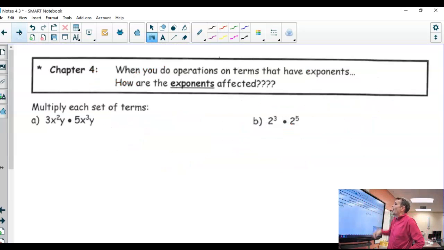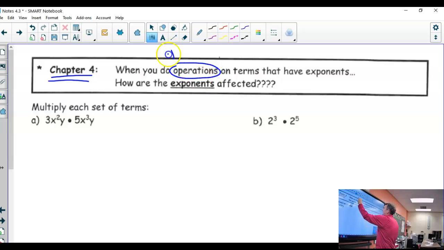Our main goal for the rest of Chapter 4: when you do operations like adding, subtracting, multiplying or dividing, how does that affect the exponents? What happens to the exponents when you do operations on terms that have exponents?